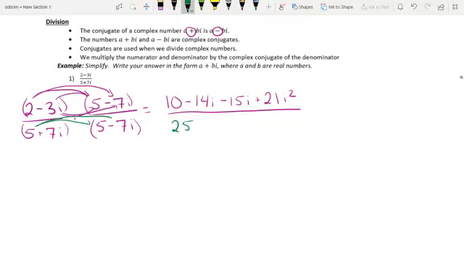And then I have 5 times negative 7i, so that gives me negative 35i. 7i times 5 gives me a positive 35i. And then 7i times negative 7i gives me negative 49i squared. So this is what we're talking about with the difference of squares, that we knew that these were going to cancel out.